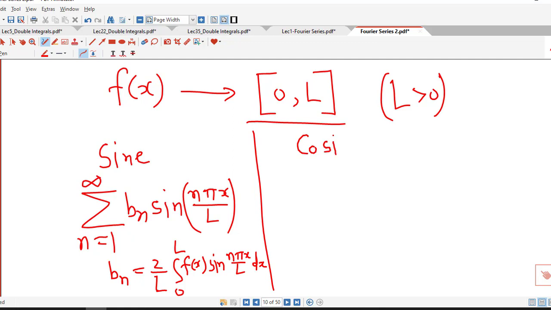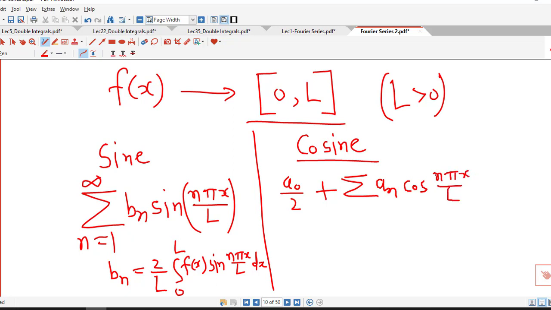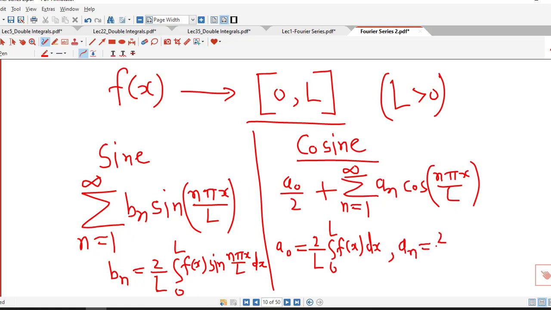If we are interested to express fx as a half range cosine series, we will consider a0 by 2 plus sigma an cos n pi x by L, n is from 1 to infinity, where a0 is given by 2 by L integral from 0 to L fx dx, and an is given by 2 by L integral from 0 to L fx cos n pi x by L dx.